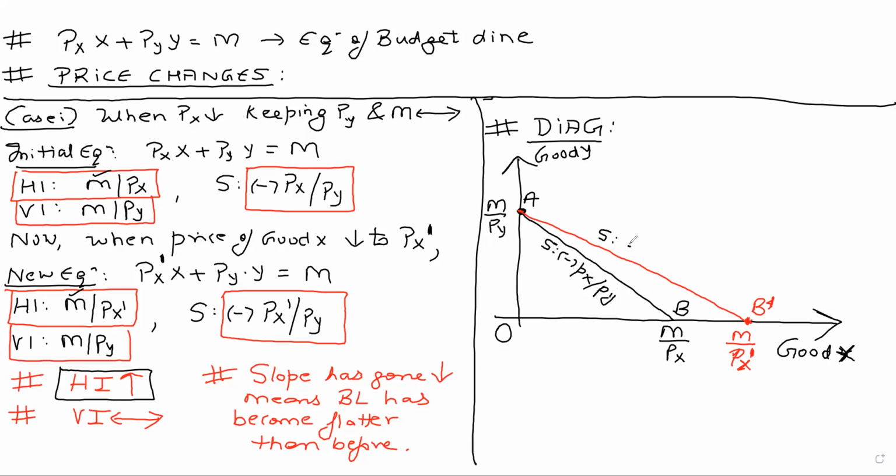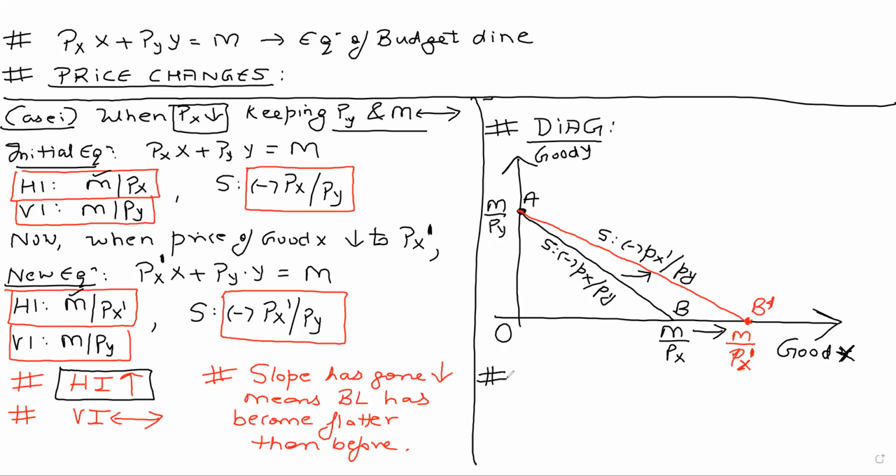Slope of this new budget line is minus px dash by py, and you can clearly see that the budget line has become more flatter than before. So guys, mathematically it is making sense. You can argue it logically also. For the same price of good Y and income, since good X price is falling, it is becoming more cheaper. Since good X is becoming more cheaper, you can afford to buy more of it.